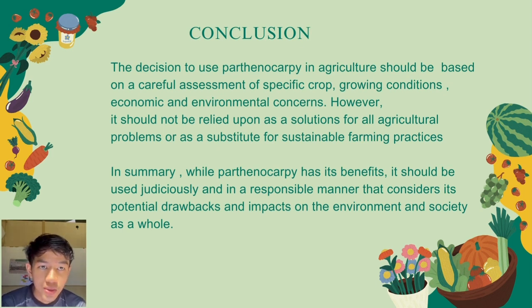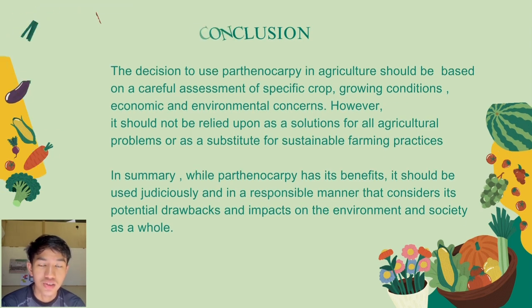In summary, while parthenocarpy has its benefits, it should be used judiciously and in a responsible manner that considers its potential drawbacks and impacts on the environment and society as a whole.